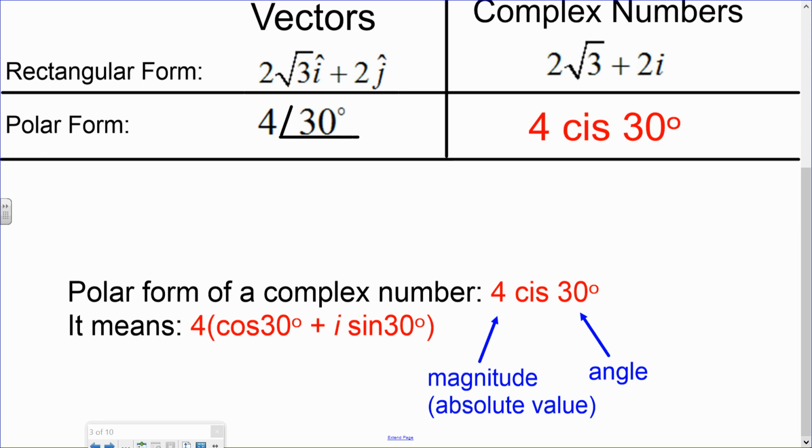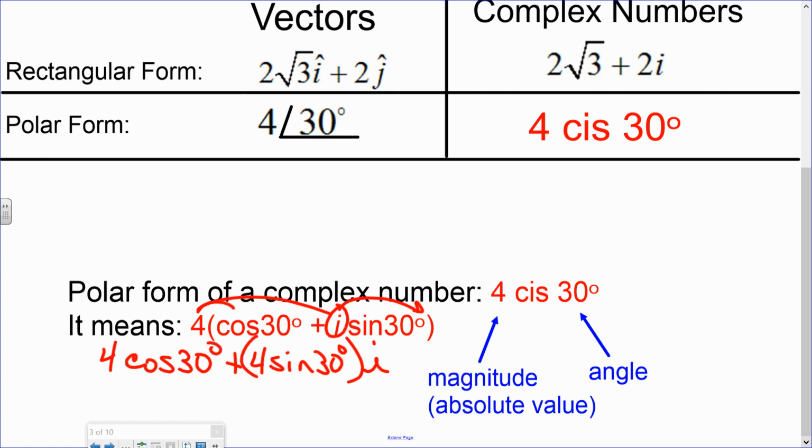The 4 out in front then means that we would distribute that 4, and we would have 4 cosine 30 degrees plus 4, and normally we put the i at the end, right? So 4 times the sine of 30 degrees for the imaginary part. The number out in front is still the magnitude, the absolute value, how long is it, and then we still have the angle in there.